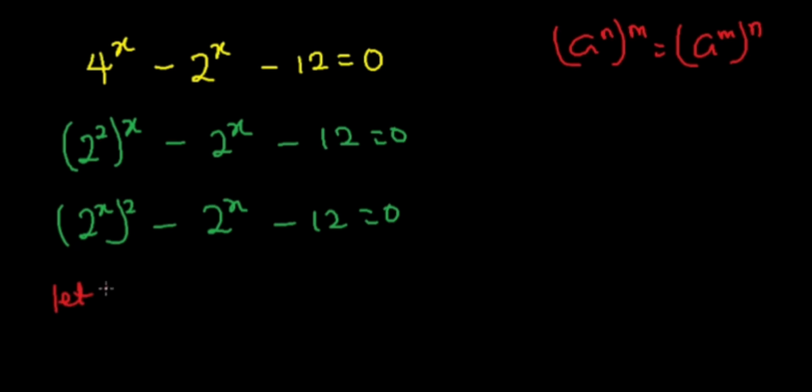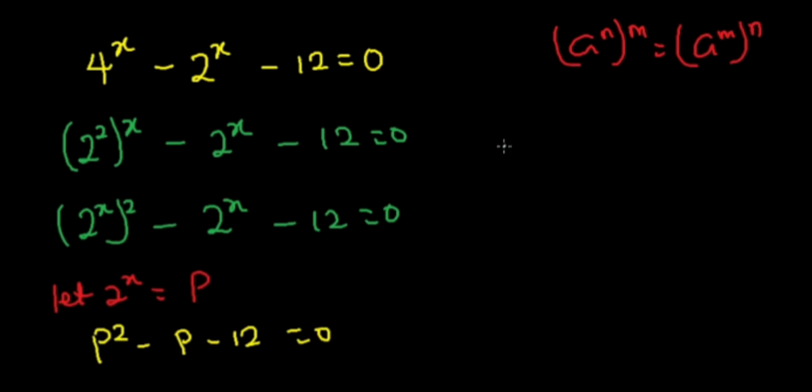So let 2 raised to power x be p. So I'll have p squared minus p minus 12. You see, we now have a quadratic equation. So next is to just factorize and solve the quadratic.